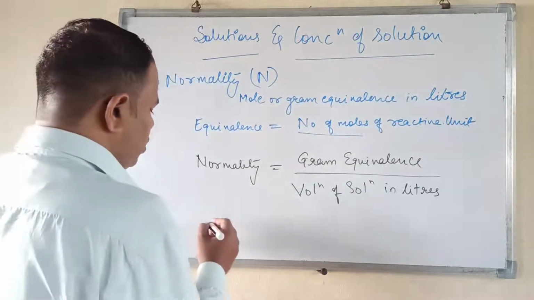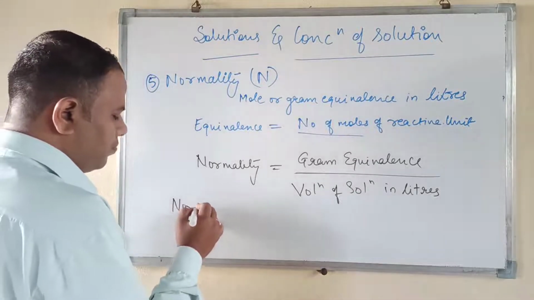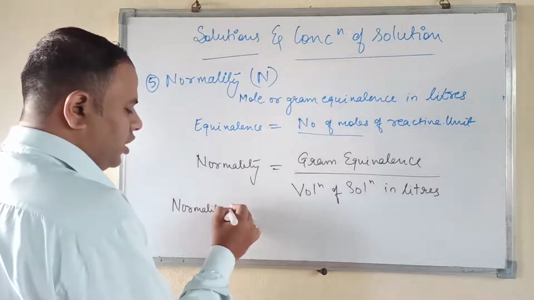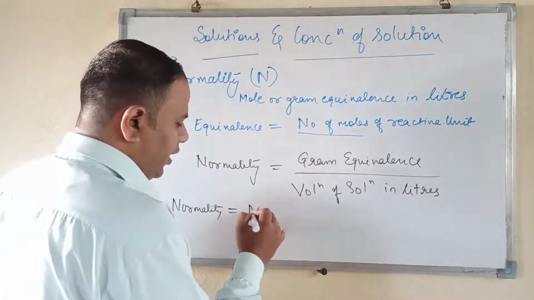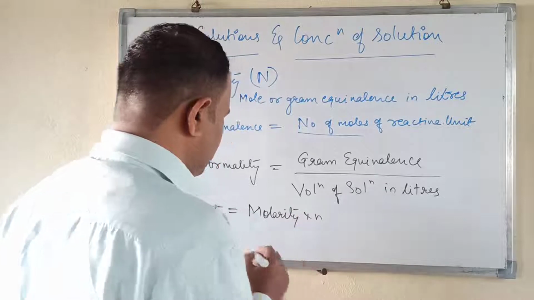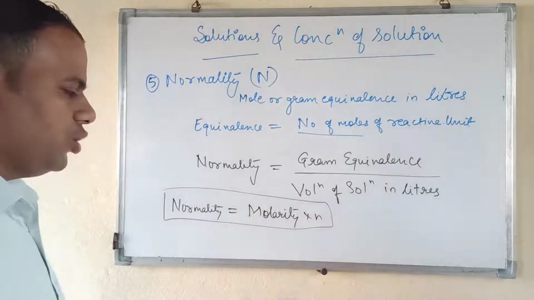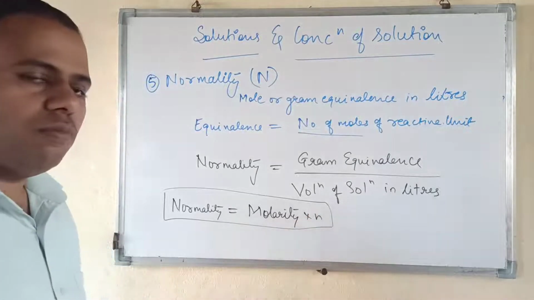Here I will tell you certain relations of normality. Normality is generally equal to molarity into N. This is the relation which converts the molarity into normality. N is the number of moles of solute here.